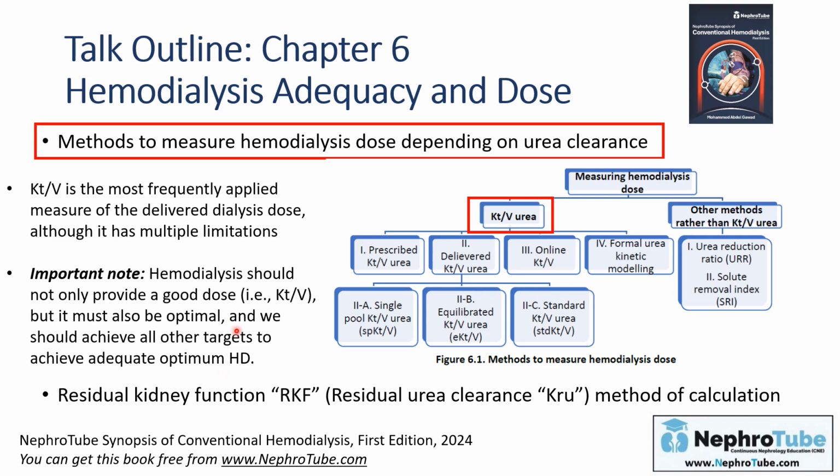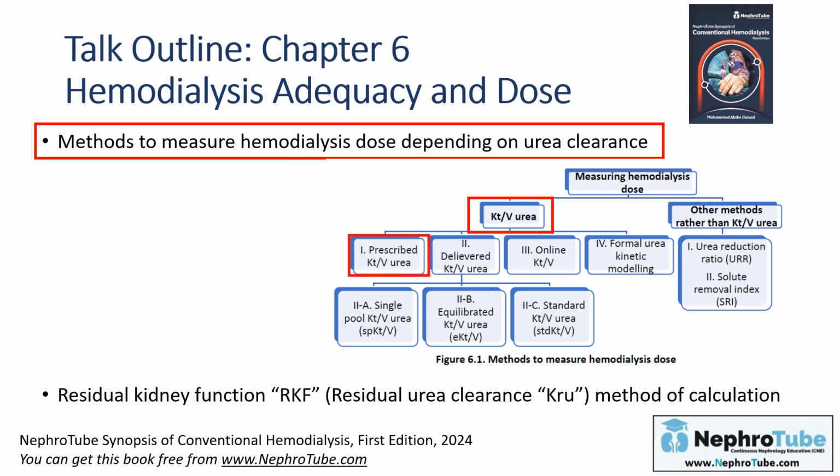It is a part of optimum hemodialysis. So a good hemodialysis dose is not always equal to optimum hemodialysis. To get an optimum hemodialysis, we have to achieve all other targets that we mentioned in the 16 points, such as controlling anemia, CKD-MBD, and so on.